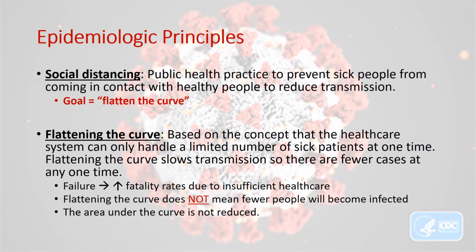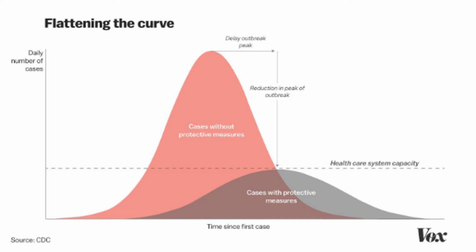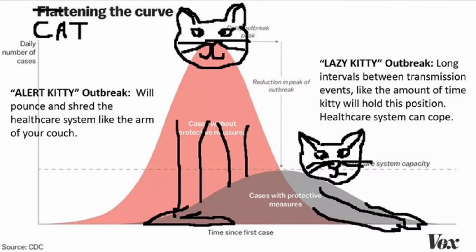It must be noted that flattening the curve does not mean fewer people become infected. The same number of people will ultimately become infected, just over a longer period of time. The area under the curve is not reduced. I'm sure many of you have seen this image. Or this image.